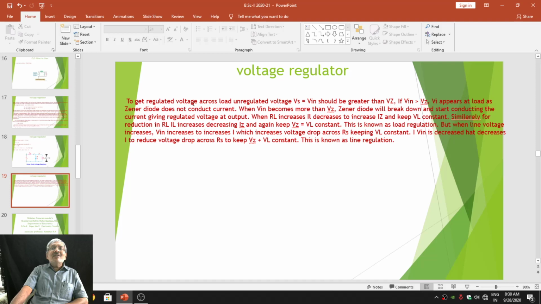To get the regulated voltage across the load, the unregulated voltage Vs equal to Vin should be greater than Vz.